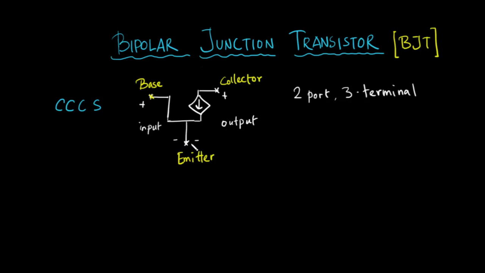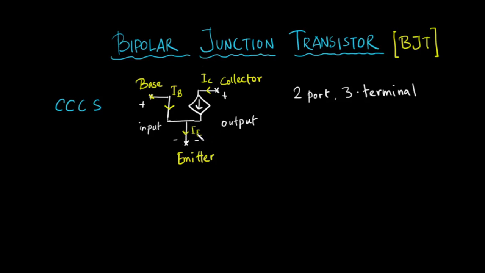The currents that flow through these terminals also have these names. The current through the base terminal is called the base current, the current that flows into the collector terminal is called the collector current, and the current through the emitter terminal is called the emitter current.